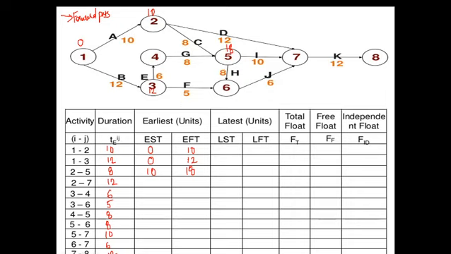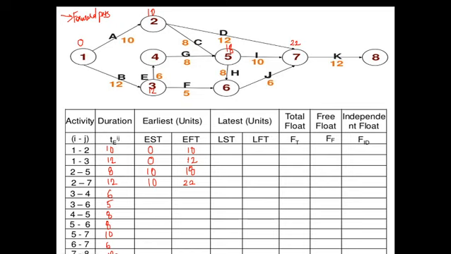Next is 2 to 7. Earliest start time is 10. Activity duration is 12. So 10 plus 12 will be 22. For 2 to 7, 22. Where is 7? Here we will write 22.